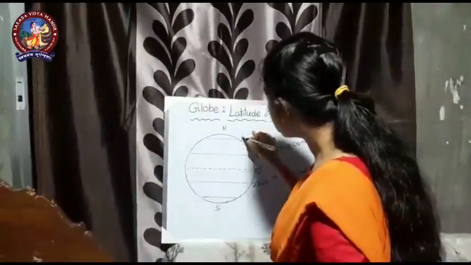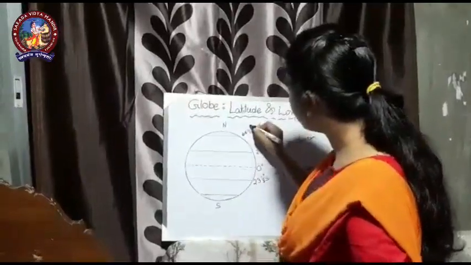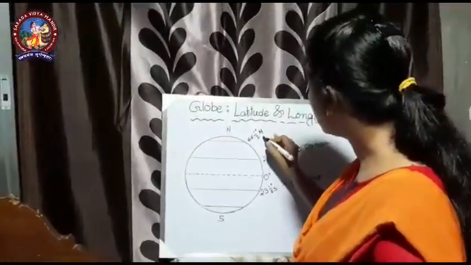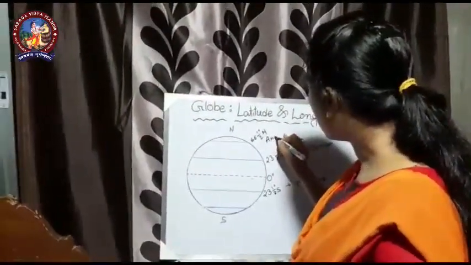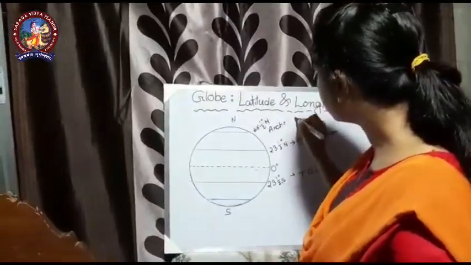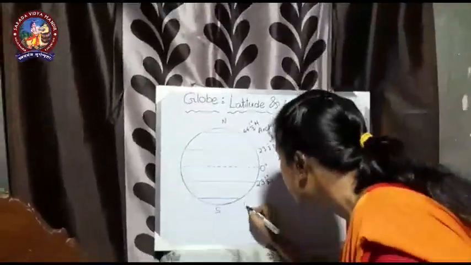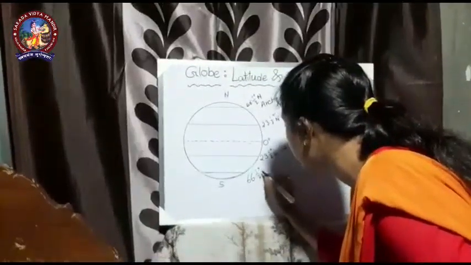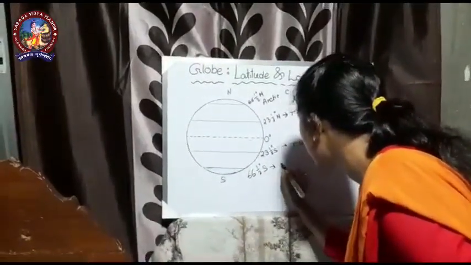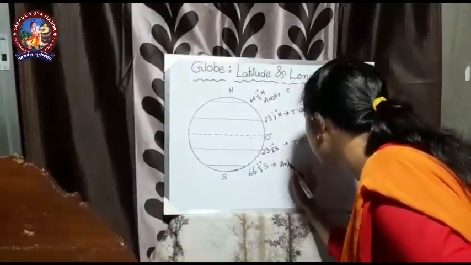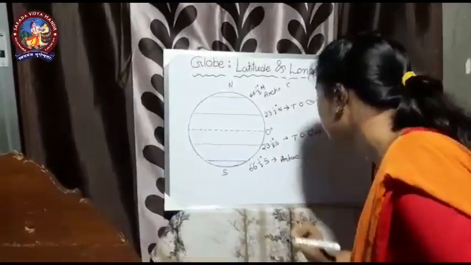Next, 66.5 degree north is known as the Arctic Circle, and 66.5 degree south is known as the Antarctic Circle.